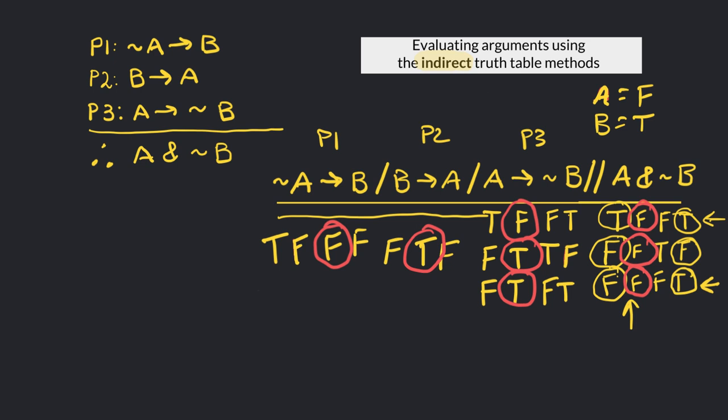Premise 2, remember we said A is false, which is the consequent, and B is true. Uh-oh. Can't do it.